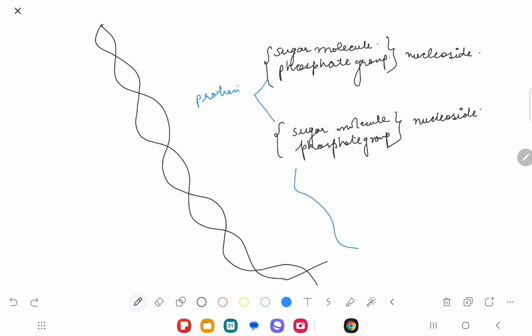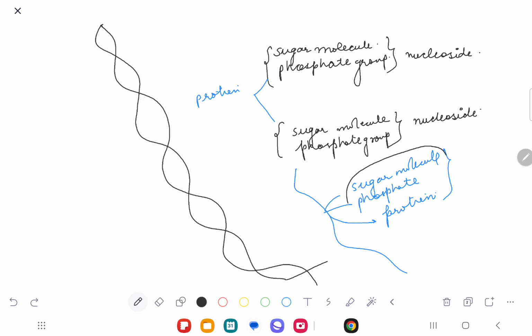If I take out this one strand, it is actually made up of sugar molecule, phosphate group, and protein. Are you understanding? All right. So these three things make up this one strand, right?